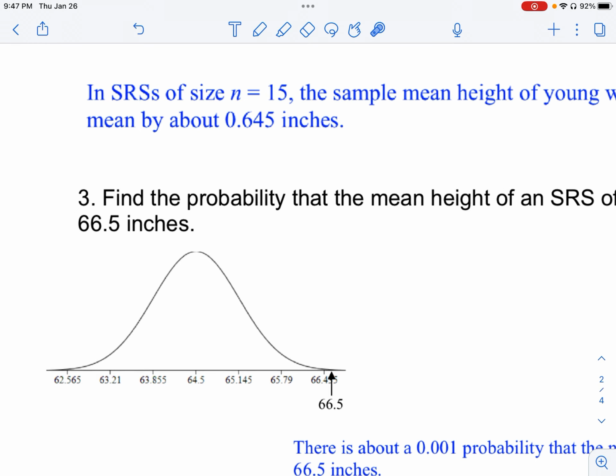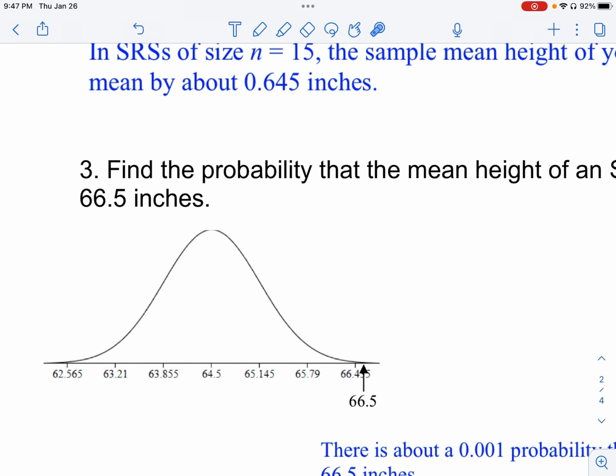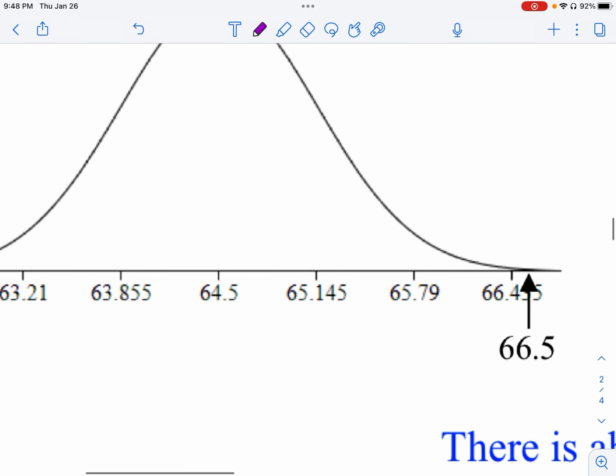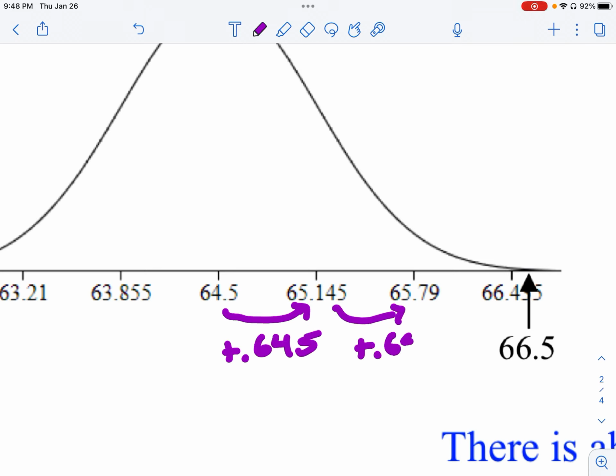So I have a curve labeled, my mean is in the middle, and this is actually adding one standard deviation. From here to here is plus 0.645, and then from here to here is plus 0.645, in case you're wondering where those numbers came from. And likewise, going the other way is minus 0.645.